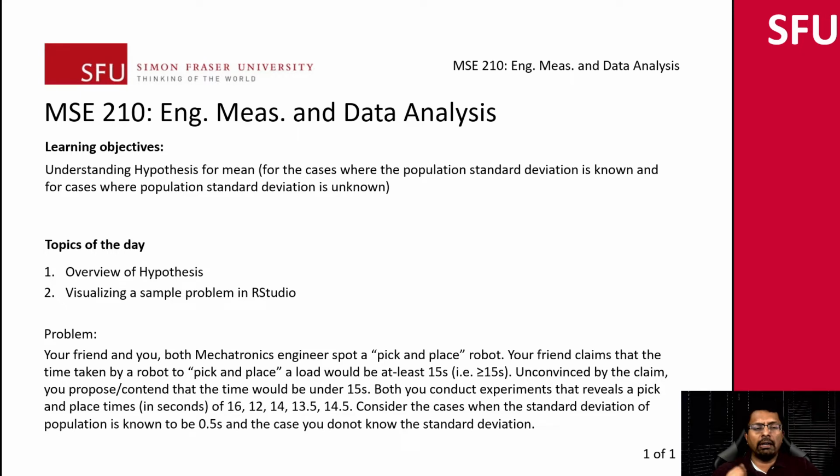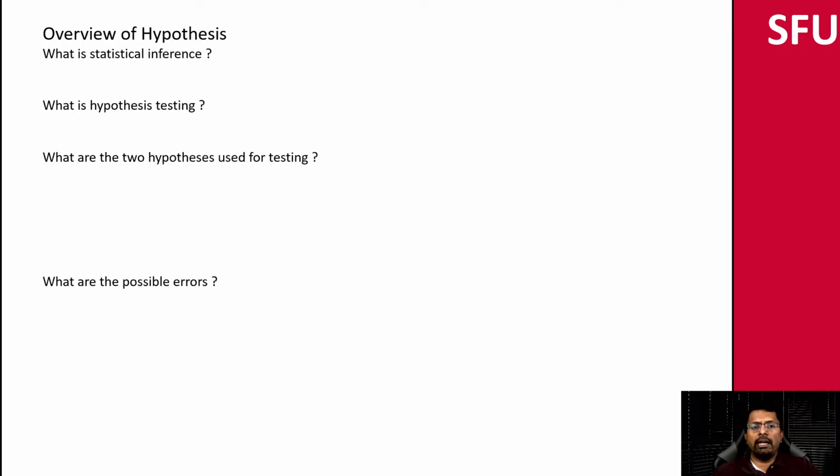Before we do that, let's very quickly look at an overview of what hypothesis testing is. The main idea is, just to recap, what statistical inferences are, what is hypothesis testing, what are the two hypotheses we generally use for testing, what are the possible sources of error, and how we deal with it.